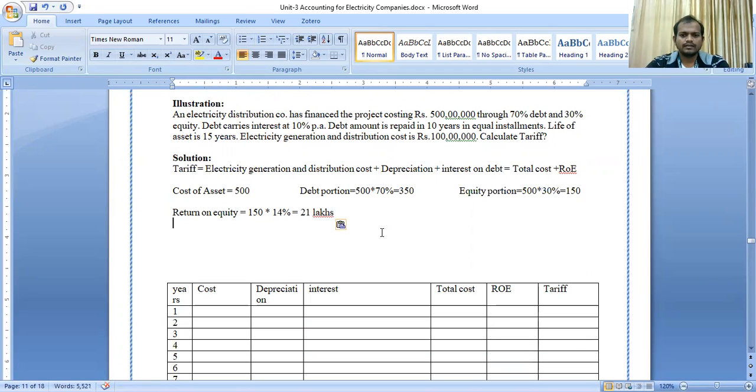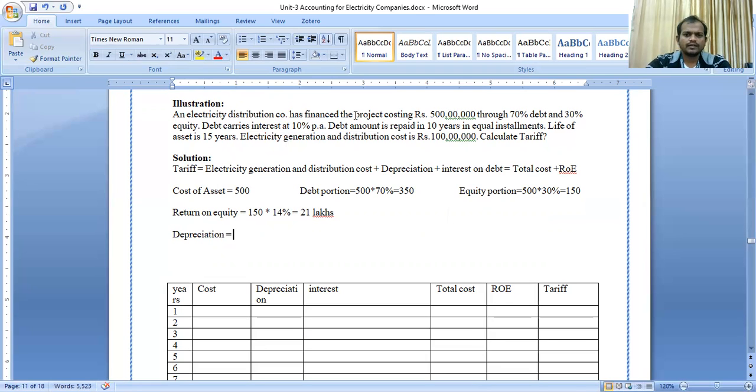So another thing is, we have electricity generation and distribution cost 100 lakhs, and we have calculated return on equity. So we have to calculate both the depreciation and interest on debt. Okay, let us go with the depreciation. What is the depreciable value of an asset?